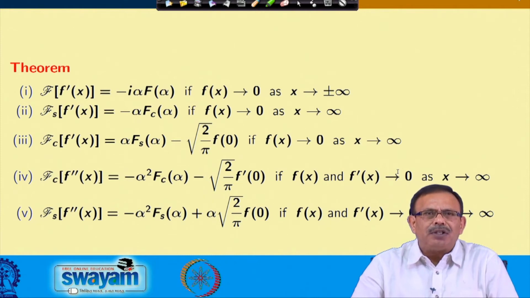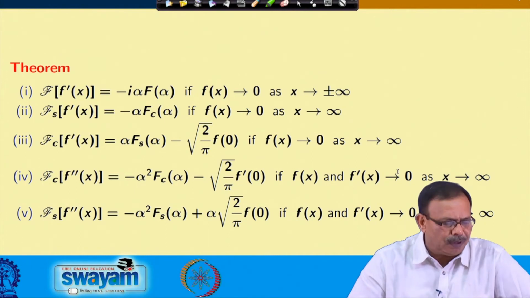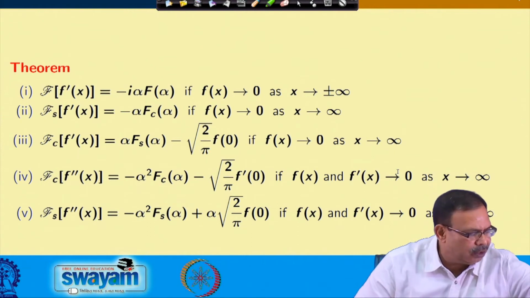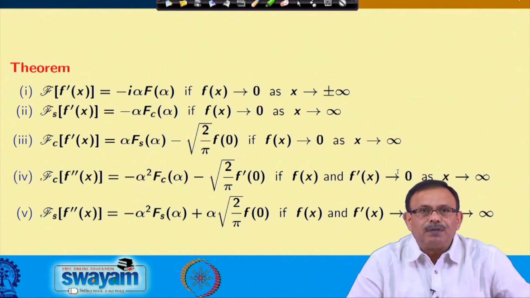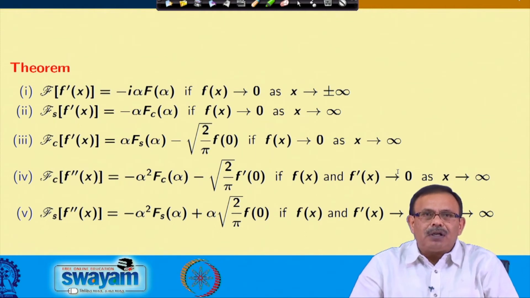Similarly, the Fourier cosine transform of f'(x) equals alpha times the Fourier sine transform of alpha minus root over 2 by pi f(0), when f(x) approaches 0 as x approaches infinity. And the double derivative also we have shown: the Fourier cosine transform of f''(x) equals that quantity, and the Fourier sine transform of f''(x) equals minus alpha square into the Fourier sine transform of alpha plus alpha root over 2 by pi into f(0).